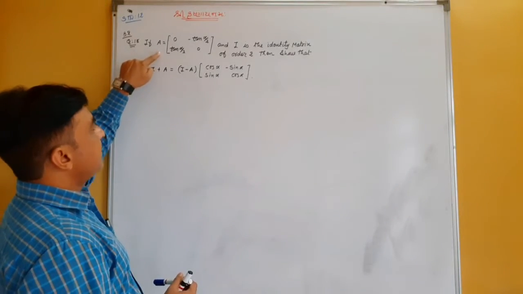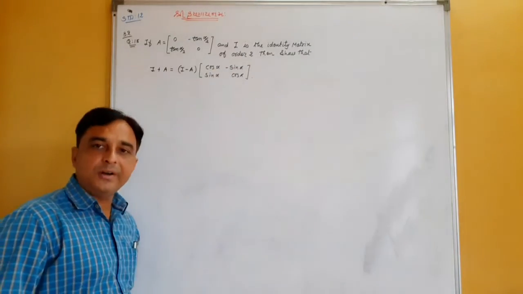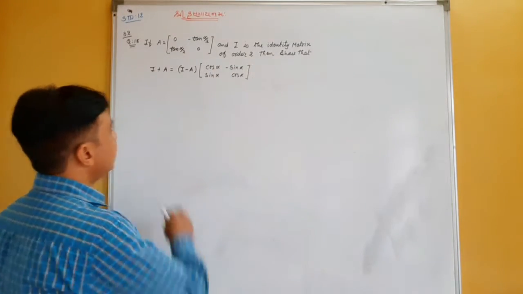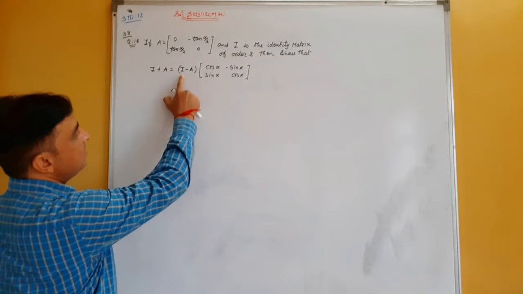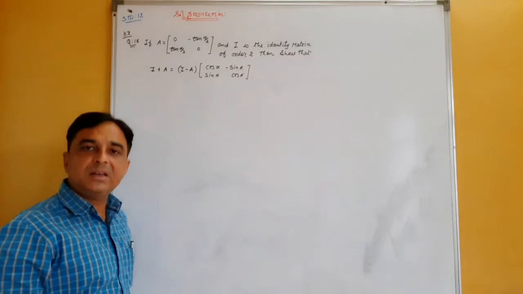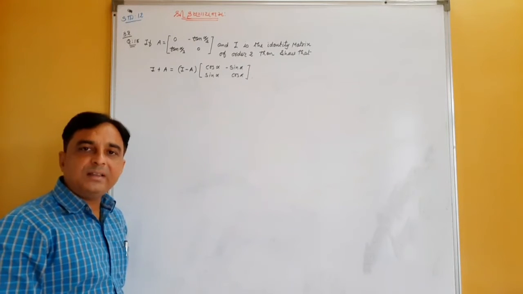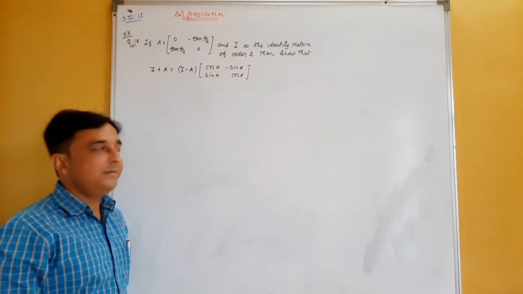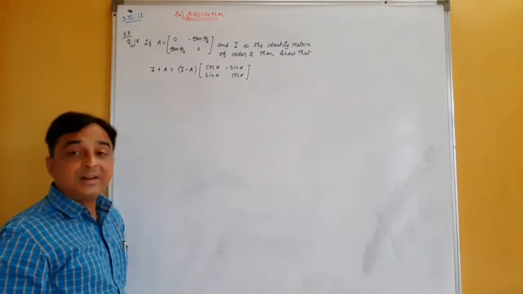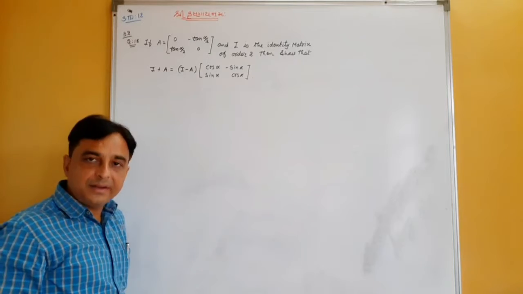If a matrix A is given and I is the identity matrix of order 2, then show that I plus A equal to I minus A into cos alpha minus sin alpha, sin alpha cos alpha. So we have to find the value of left hand side and we have to simplify the value of right hand side. If both are equal, then we can say that they are equal.